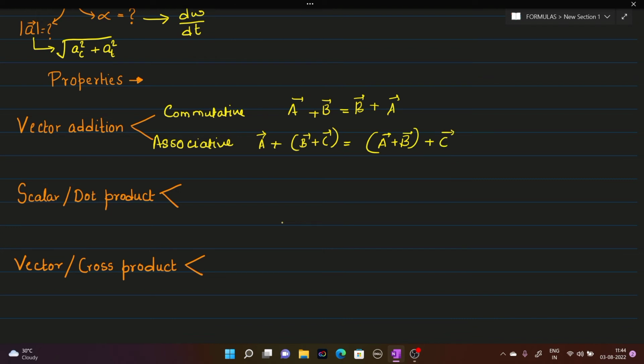Then scalar or dot product: first it follows the commutative law, and second it follows the distributive law.